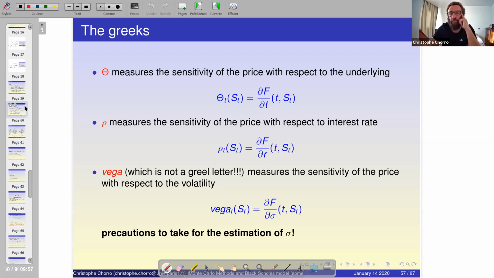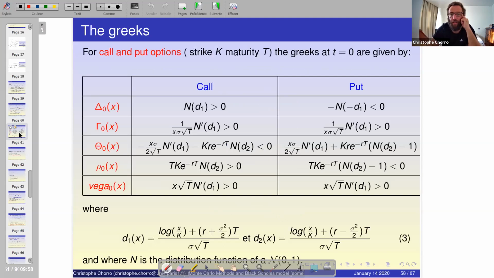So if I come back to the case of the Black-Scholes model, what is nice is that for call and put options, all these quantities may be computed explicitly.